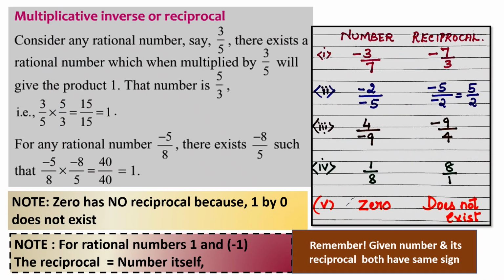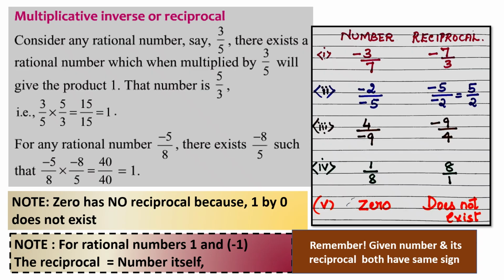The multiplicative inverse or the reciprocal. Consider any rational number, say 3 by 5. There exists a rational number which when multiplied by 3 by 5 will give the product 1. The number is 5 by 3. So if I multiply 5 by 3 to 3 by 5, the product would be the multiplicative identity.